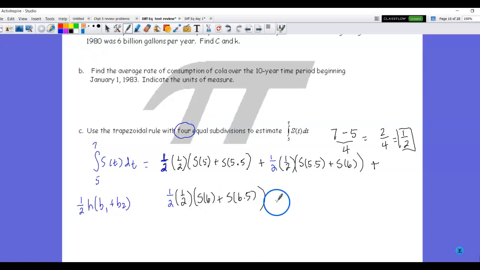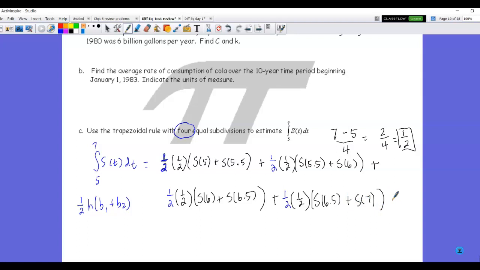And then the last trapezoid, trapezoid number 4, goes back to 1/2 from the formula for the area of a trapezoid times 1/2, which is the common height of all of the trapezoids in this case. Base number 1 is S of 6.5 plus S of 7, and notice we ended up where we were supposed to end up.